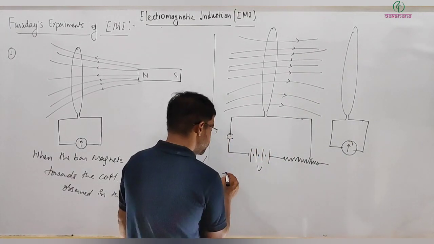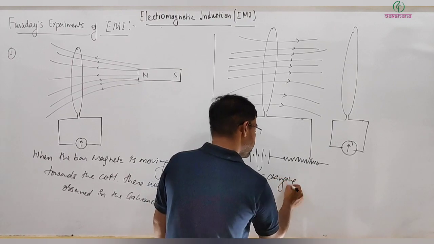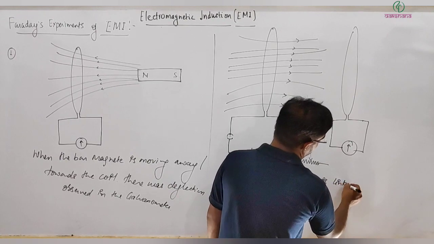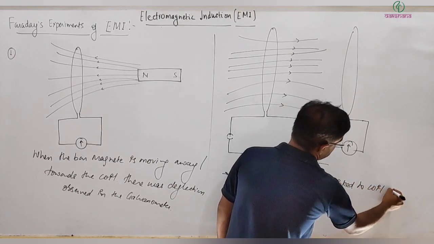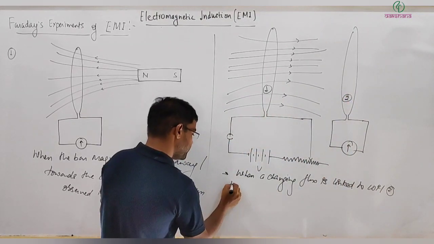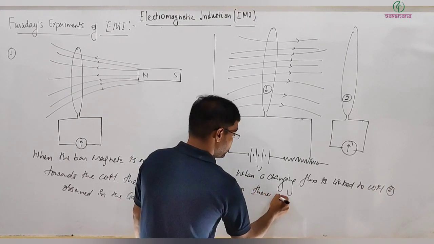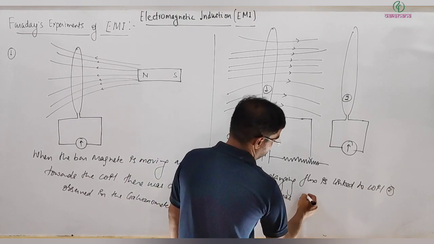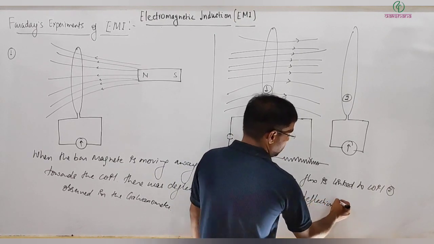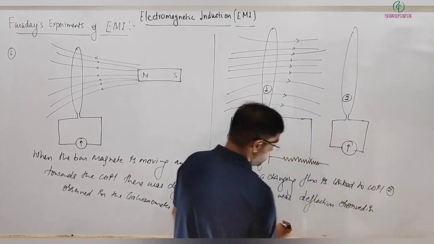So here he observed when a changing flux is linked to coil 2, let me write this is coil 1 and this is coil 2, then there was deflection observed in the galvanometer.